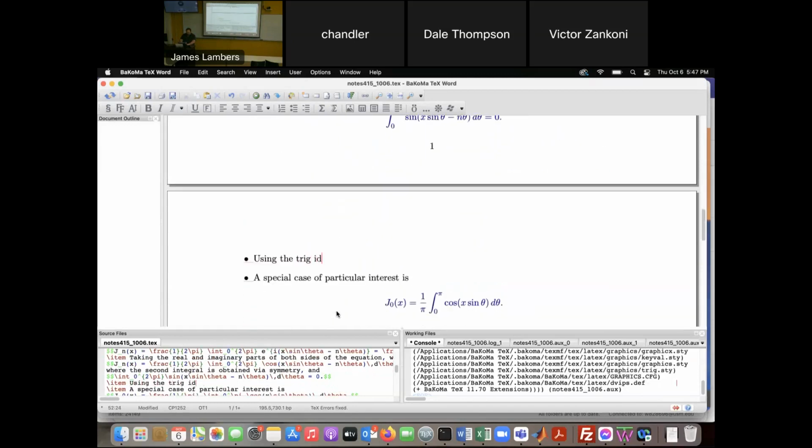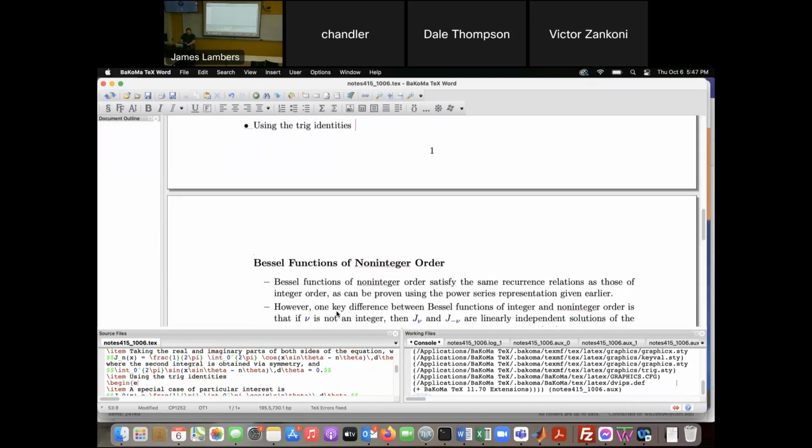And use these trigonometric identities to help me.